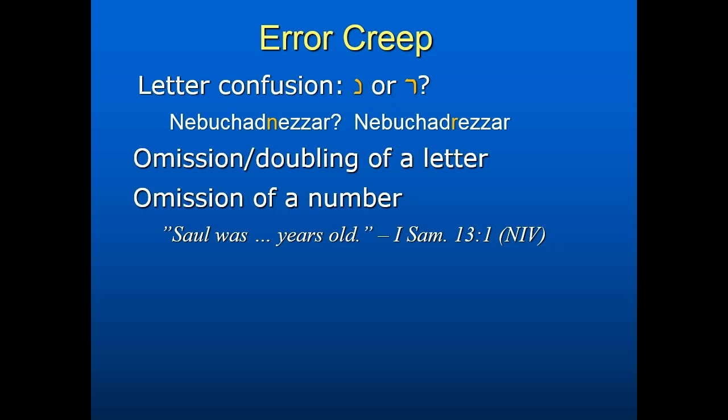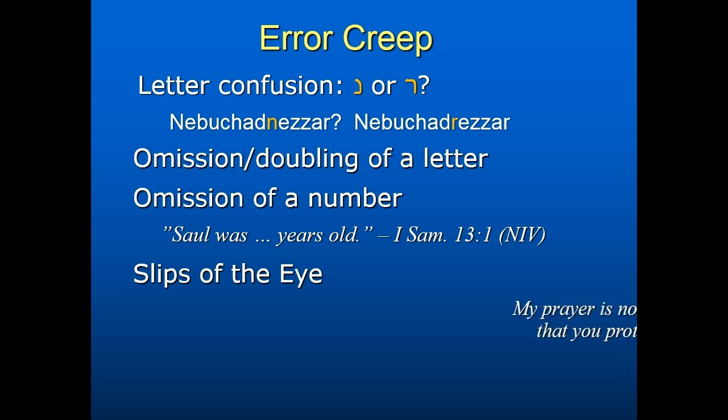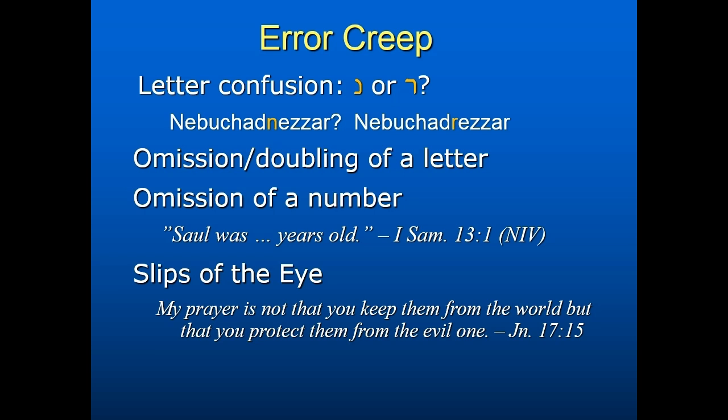There have also been a few cases that we might call slips of the eye. There's a famous example from the New Testament. In John 17, Jesus' prayer, we read, "My prayer is not that you take them from the world, but that you keep them from the evil one."